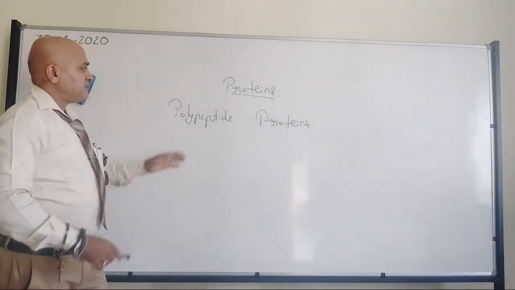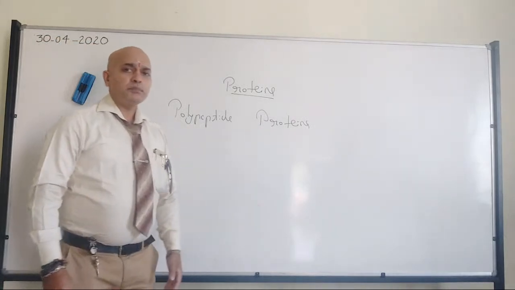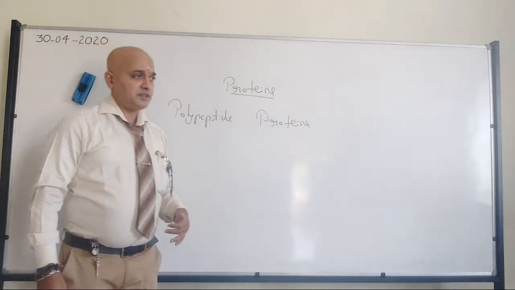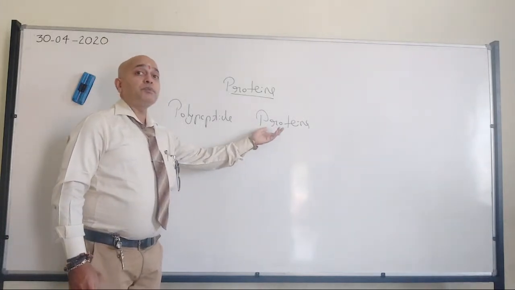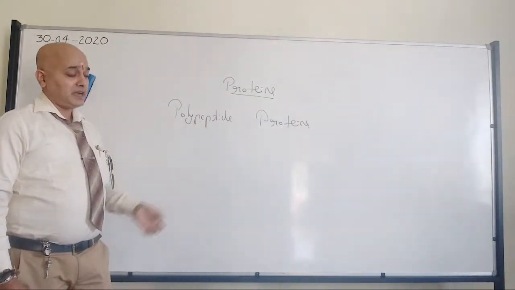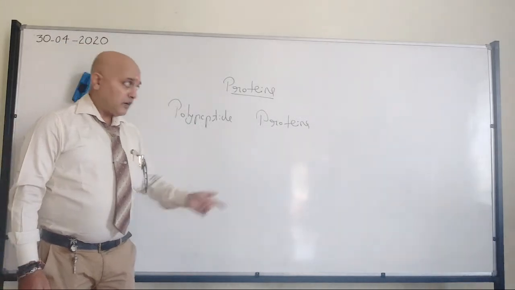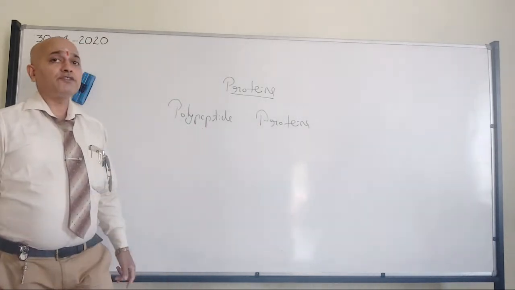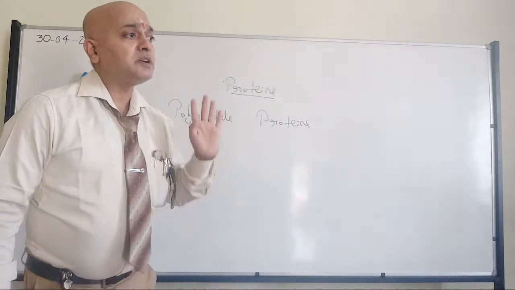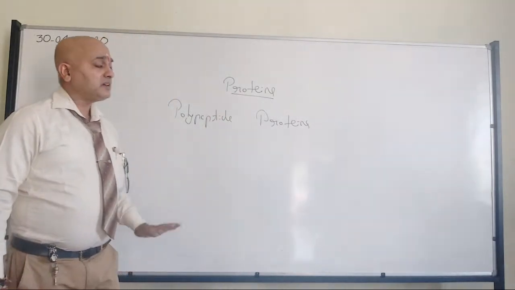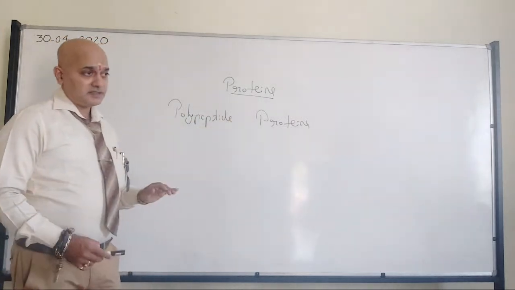Right? They are not same actually. Now one thing I will make it clear. Yes, all the proteins will be made up of polypeptide. No doubt. But all the polypeptides may not be a protein. Right? So that's where we have the difference.